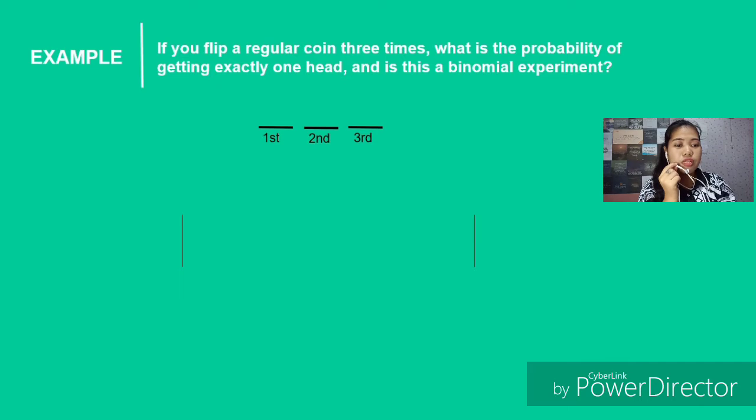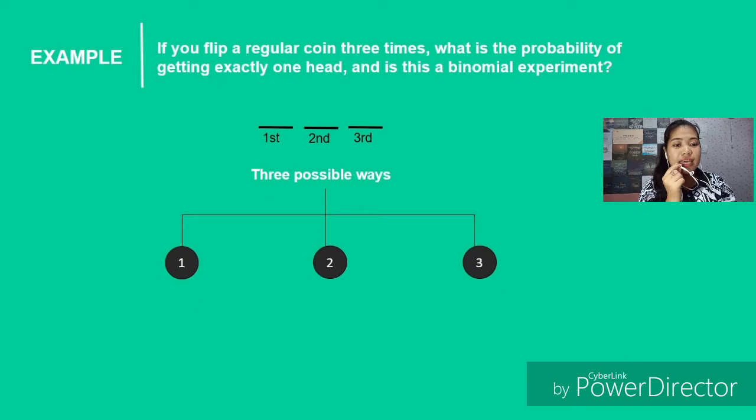In order to solve this problem, we have to realize that there are only 3 possible ways for us to get exactly one head. The first way is to get heads on the first flip and then tails on the second and third flip. The second way is to get tails on the first flip, heads on the second flip, then tails on the third flip.